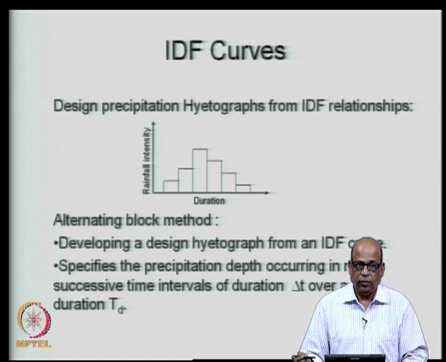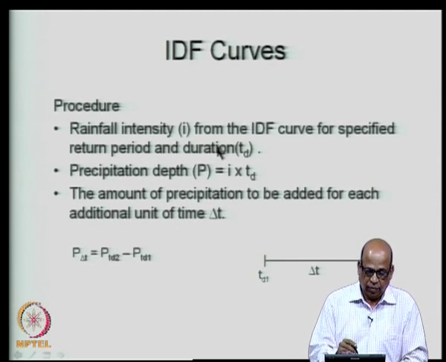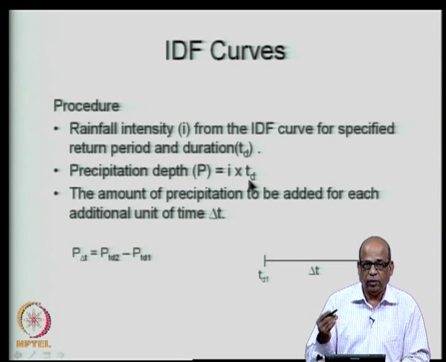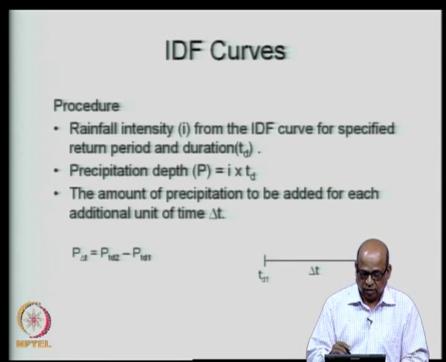What we do in this is, we know the maximum intensity of rainfall. From the intensity, we get the precipitation depth corresponding to the duration T d. Let us say we get I into T d as the precipitation depth. I is intensity, which has units of millimeters per hour, that is length per time, and T d is the time.